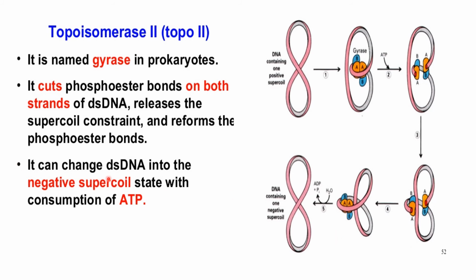It can change double-stranded DNA into a negatively supercoiled state with consumption of ATP. Remember always that positive supercoiling is inhibiting for the replication fork, while negative supercoiling, which is the addition of a coiling against the supercoil, will release the initial supercoiling caused by any kind of supercoiling or the opening of the strand.